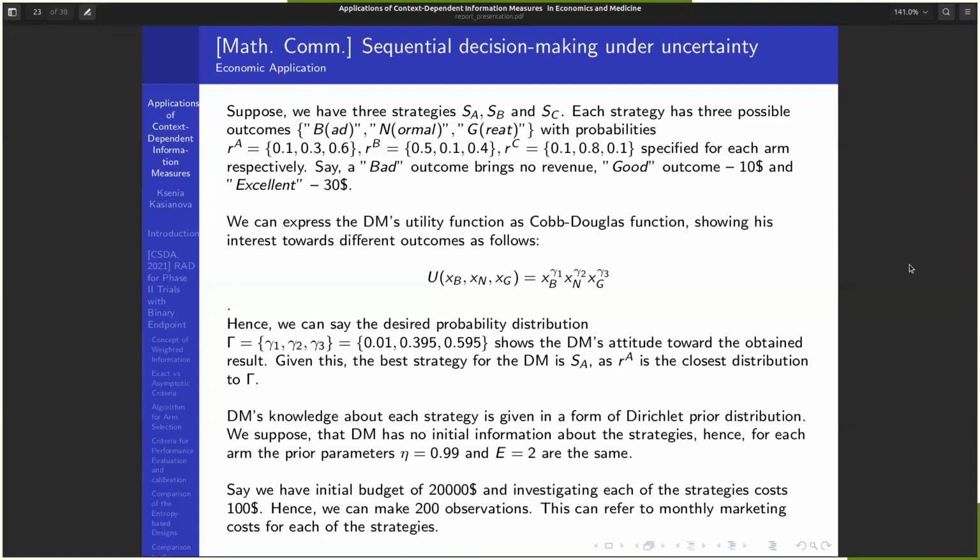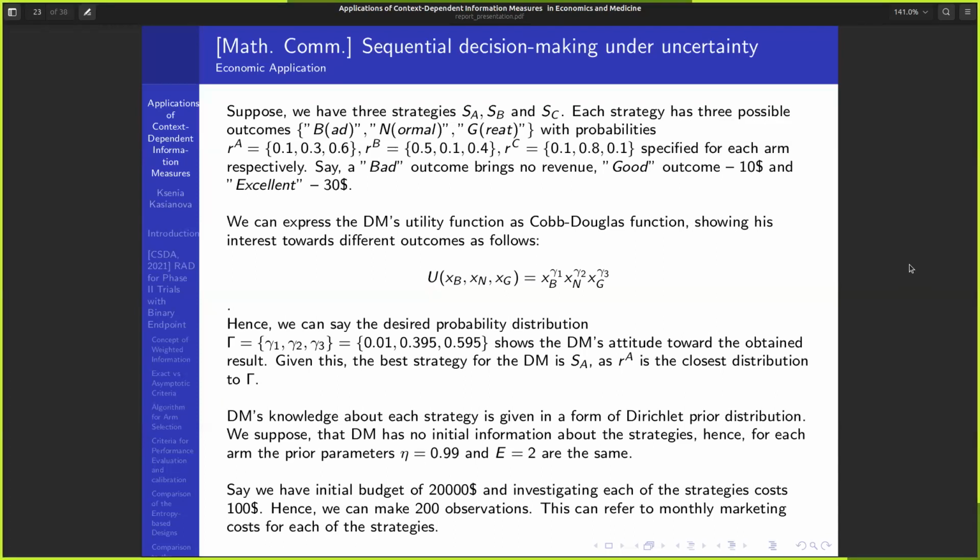then we can say that each of these three possible outcomes will give us different revenues. Let's say B for bad will give us no revenue, normal or N will give us a good outcome of 10% revenue, and the great will give us an excellent result of $30 revenue.